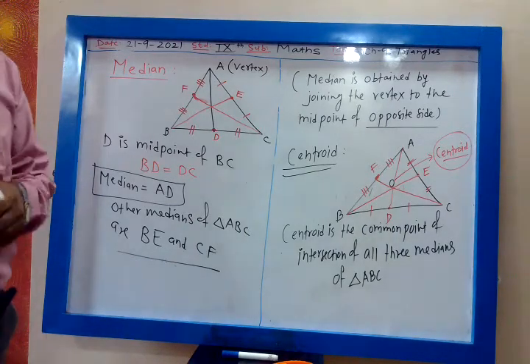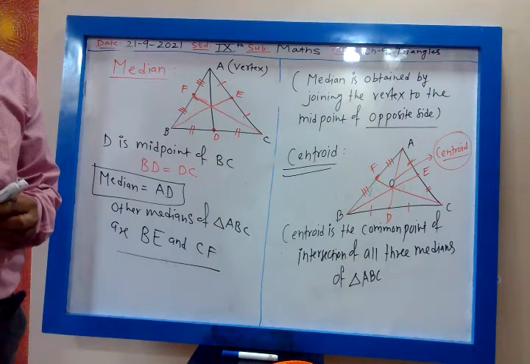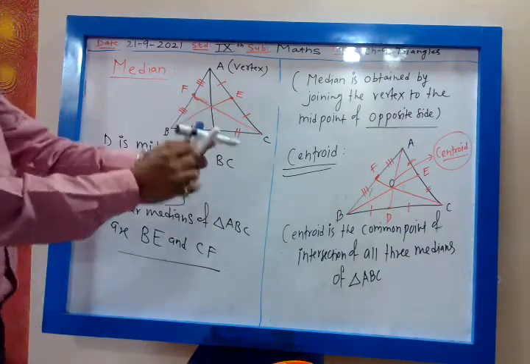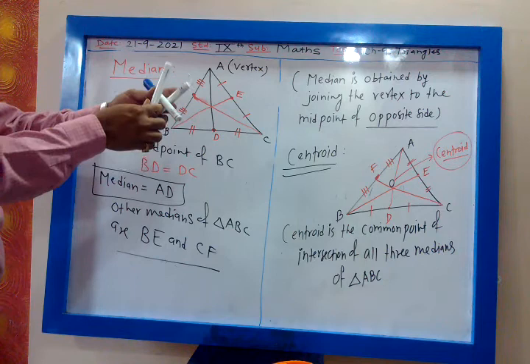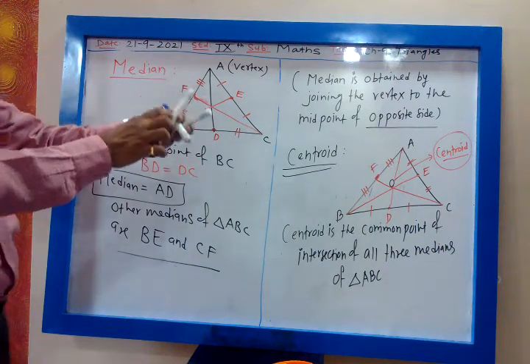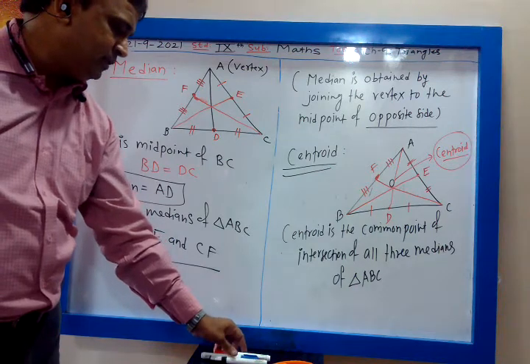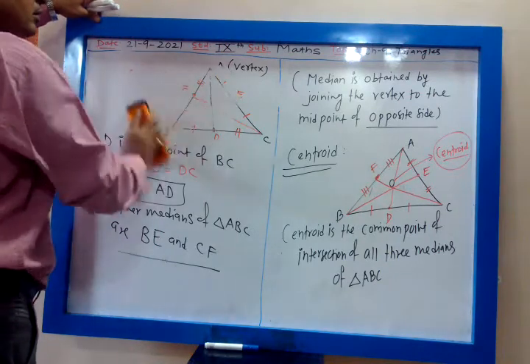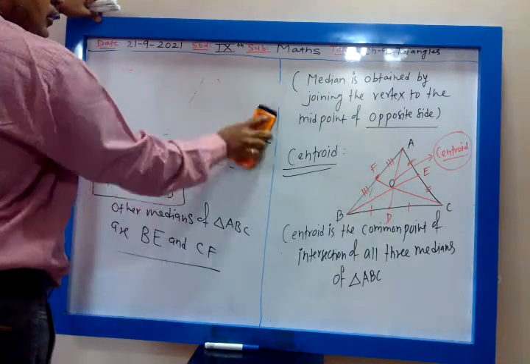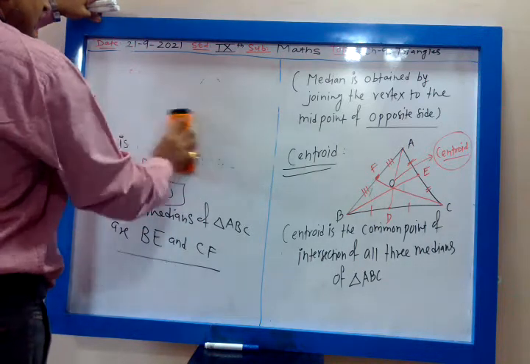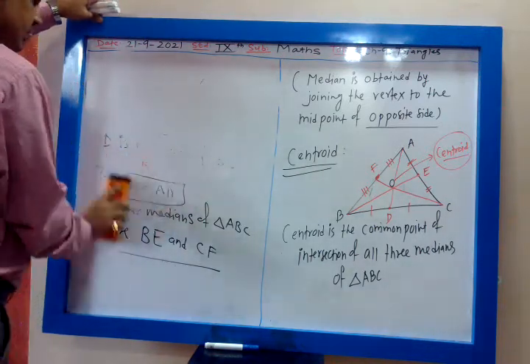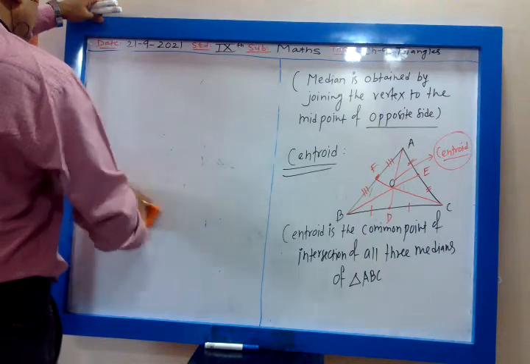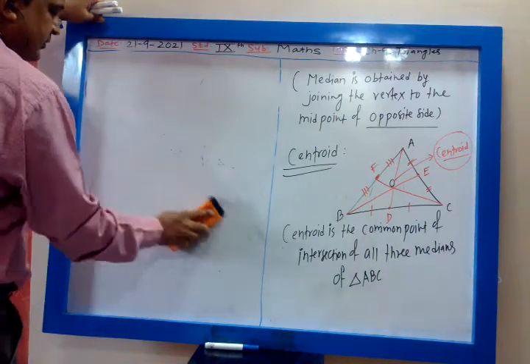For a given triangle there are three medians, and where all three medians intersect each other at one common point, that point is known as the centroid of the triangle.